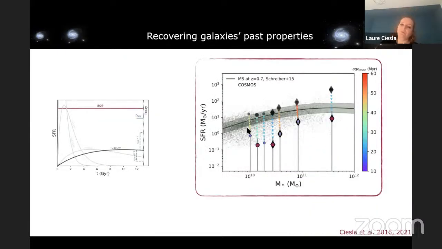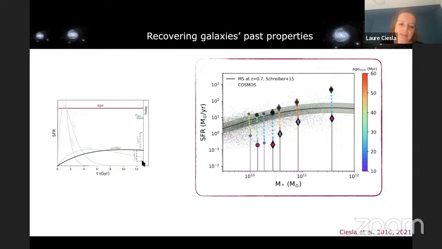So what we wanted to do after, because as I mentioned earlier, our main goal is to be able to recover the position of the galaxy on the main sequence, to recover where they were before this quenching happens. So these are our candidates for which we are quite certain, this is our fiducial sample, that they are rapidly quenched. And you remember this is the typical SFH we assume, so a delayed plus a quenching.